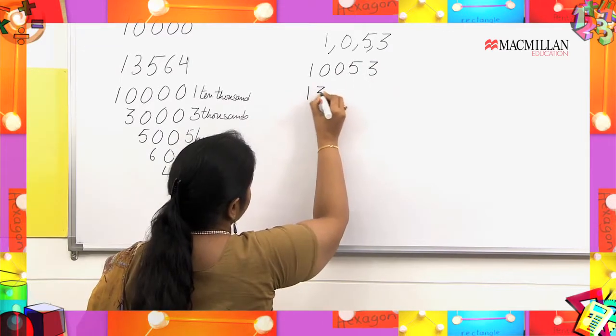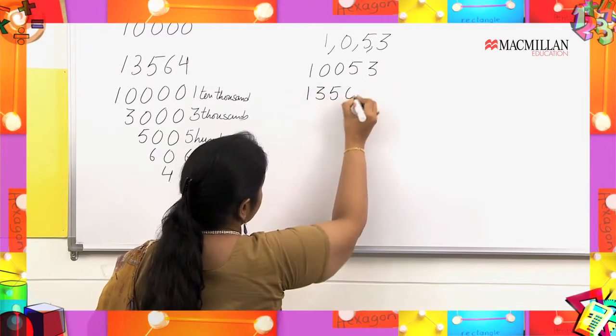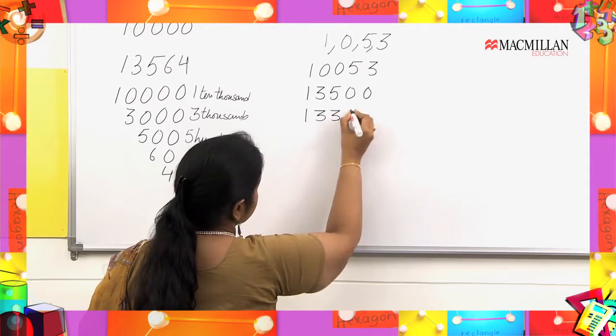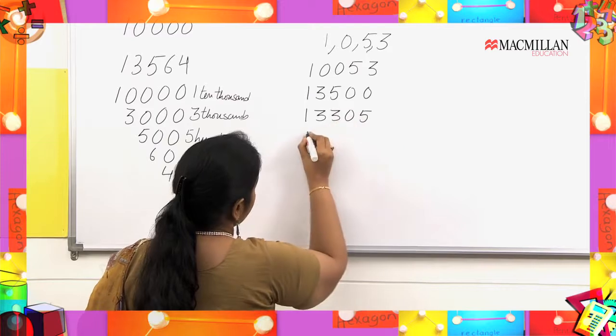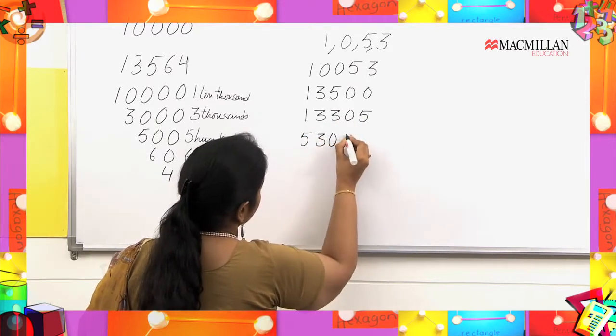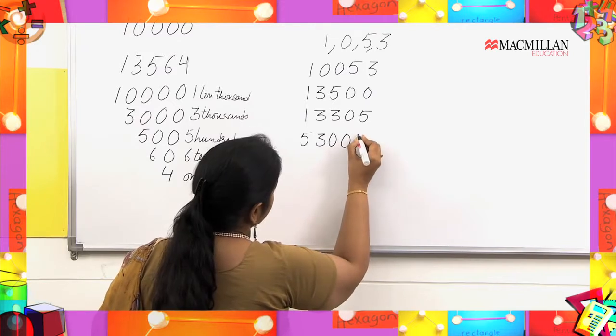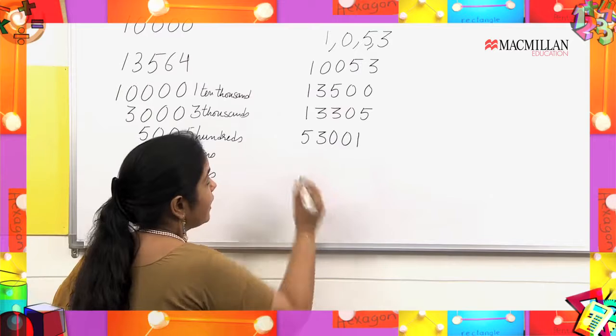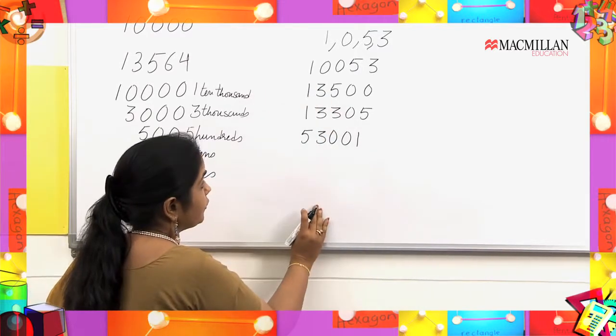I can have a number like this. I can even create a number with 3 twice. I can have a number like this. So the list is endless. I can create so many numbers out of it.